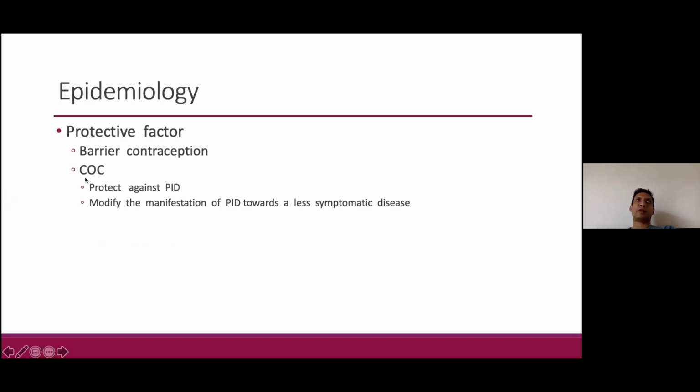They have a protective effect because they calm the peritoneum and reduce the immune reaction. So it protects against PID, right? And also when PID happens, it reduces its severity. It reduces abscess and adhesion formation, so that the symptoms and the problems are less if somebody is on OCP and gets the disease.